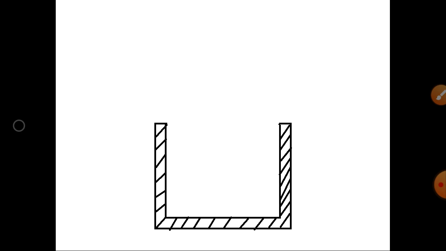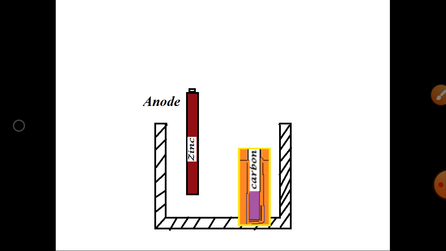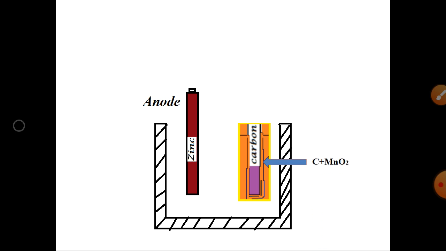Consider this is a container. We are placing the zinc rod, it is the anode, as I already said, and in the porous part there is a mixture of carbon and manganese dioxide, and inside of the porous part the carbon rod is inserted, so that the carbon rod will act as the cathode, right?